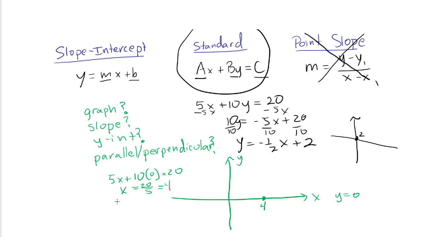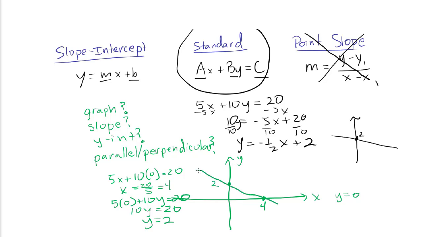Okay. I'm going to plug in x equals 0 for my y-intercept. So 5 times 0 plus 10 times y equals 20. And that means 10y equals 20. y equals 2 when x equals 0. That means my y-intercept is at 2 right here.